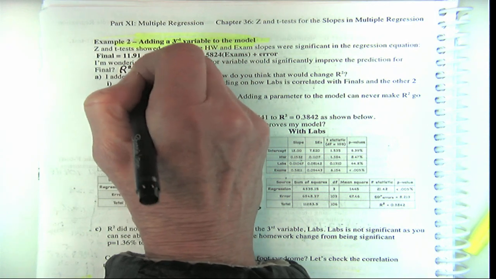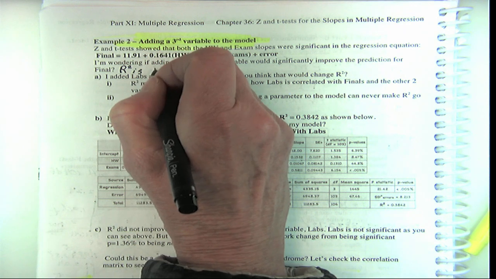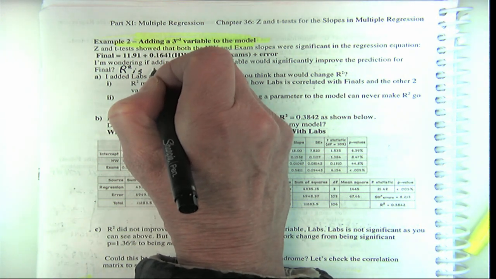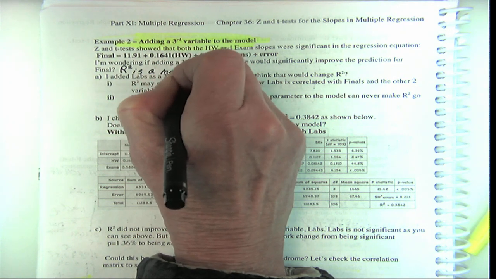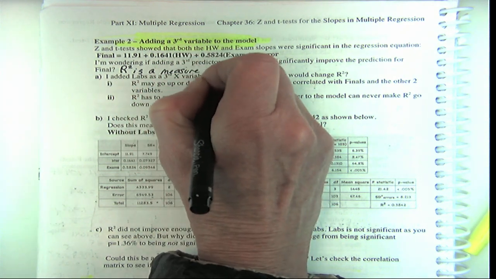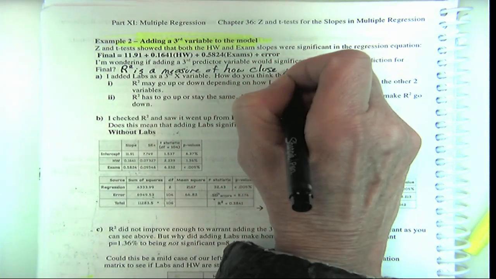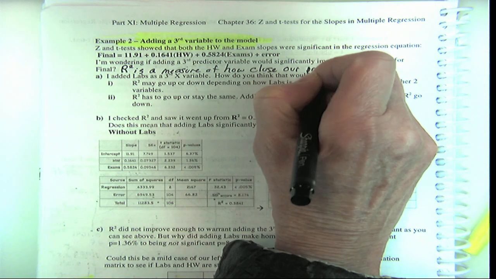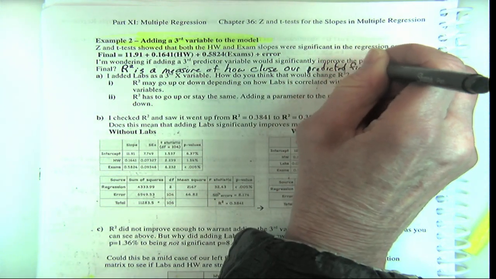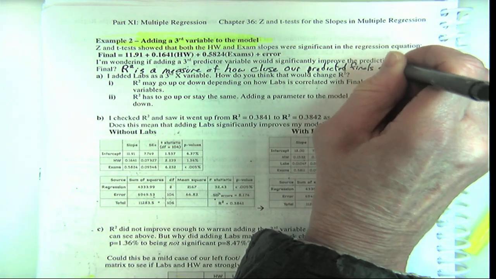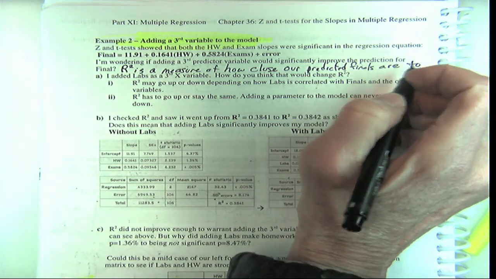So it's the most direct measurement of how close our predicted finals are to our actual finals, to the actual ones we got in our sample that we built our model on.